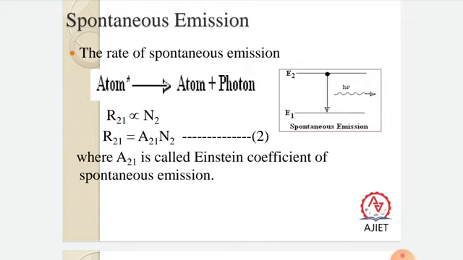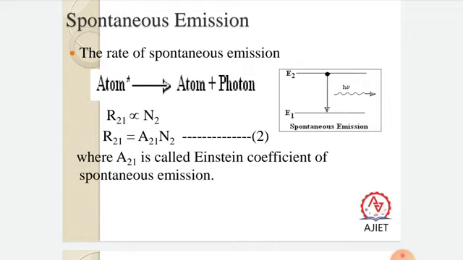There the atom stays for a lifetime of 10 to the power minus 8 seconds. After that, the atom comes down on its own from the higher energy state to the lower energy state voluntarily. You don't need to supply any energy for the atom in the higher energy state to de-excite to the lower energy state. It comes down voluntarily after 10 to the power minus 8 seconds.